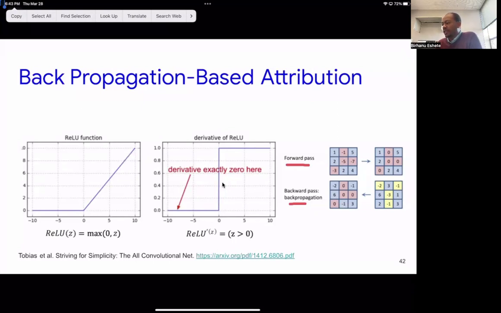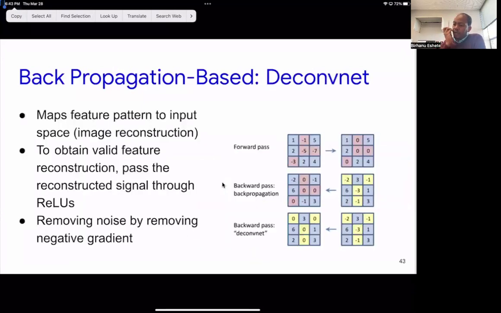So we keep the negative gradients and replace some of the gradients with 0. So the backward propagation approach is called the deconvolution, so the opposite of convolutional networks, doing the opposite of convolutions. What it does is it maps feature patterns into input space. So basically, image reconstruction is what is happening.